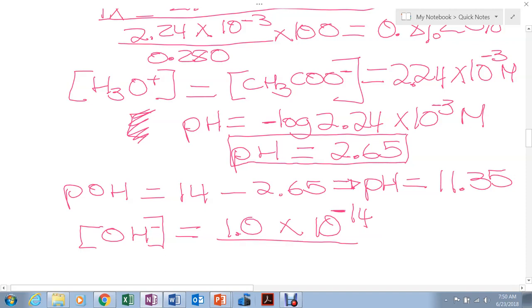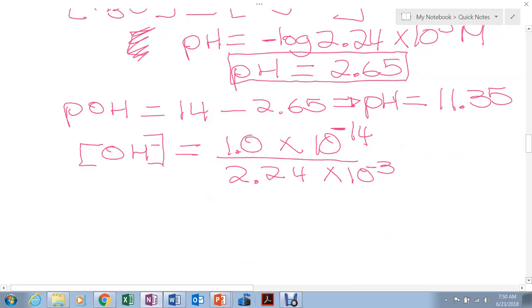And it's going to be 2.24 times 10 to the negative 3. So the concentration of hydroxide would be equal to 4.46 times 10 to the negative 12.